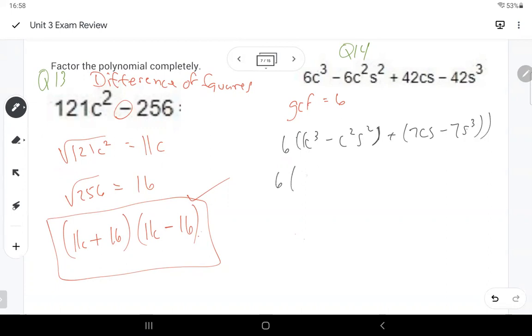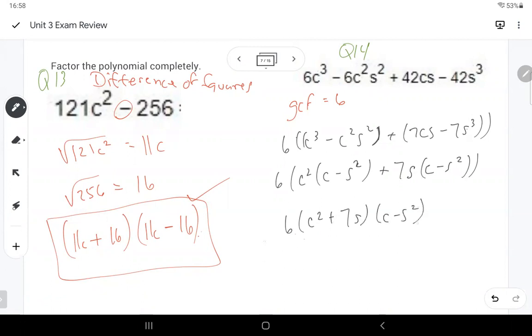We are going to pull out a c squared, which will leave me with c minus s squared. And then we're going to pull out a 7s, which will be c minus s squared. Okay, we have our matching parenthesis sets.